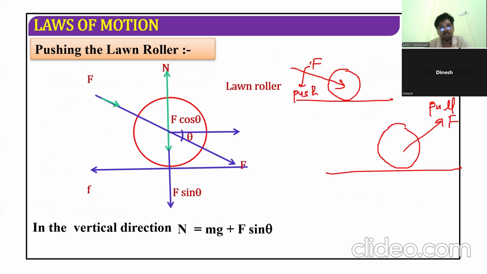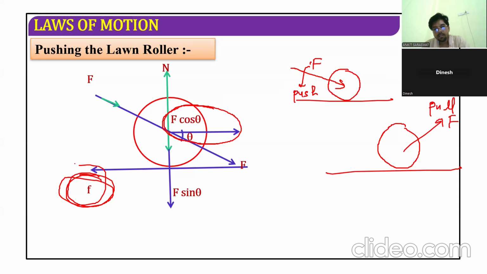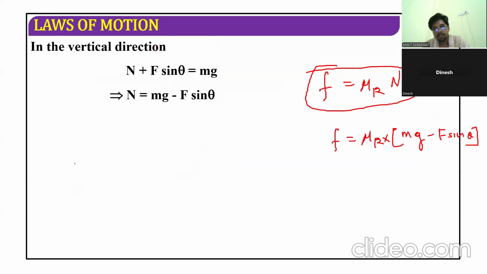You can check, friction force is opposite. If F cos theta is responsible for the motion in the right direction, rolling friction is to the left only. Sir, in class 8, I was taught that rolling friction acts in the direction of motion.